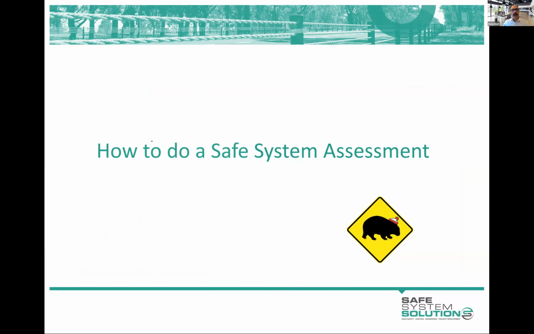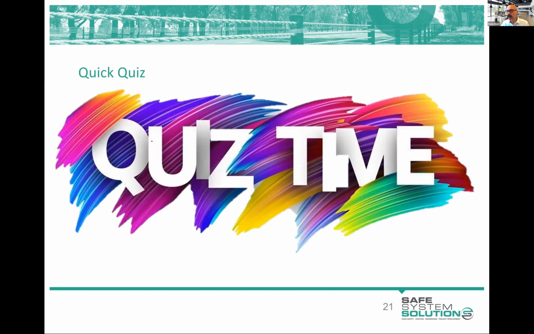So we're going to now just go through the mechanics of writing up this safe system assessment and what we put where. But first, to get an idea of where people are at, and just to make sure you're still with me, let's pop up a poll there, please, Marissa. It's just to get an indication from our group here.